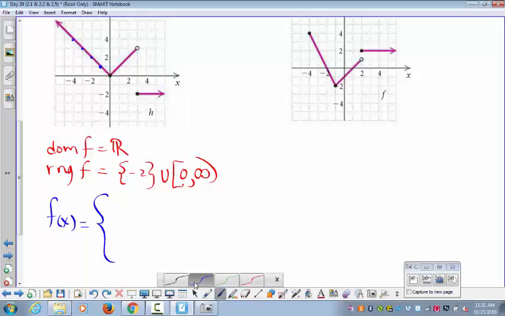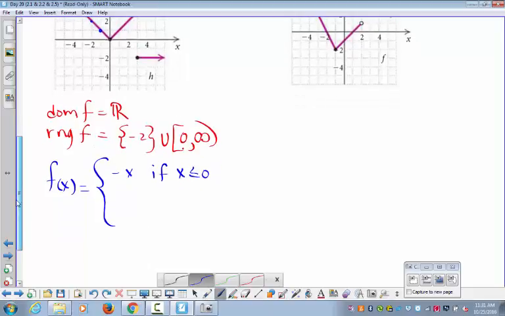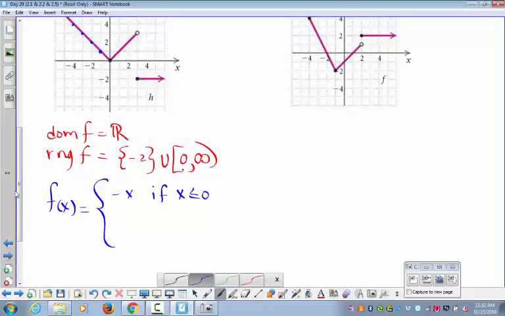Negative x. Y equals negative x. So this is negative x if x is less than or equal to 0. We're including the origin, so we can put less than or equal to there. Great. Now we go to the middle piece, and that's very similar. It's y equals x if x, let's see, so we included 0 there, so we won't include it here. And that goes over to 3, and we exclude 3 because there's an open circle.